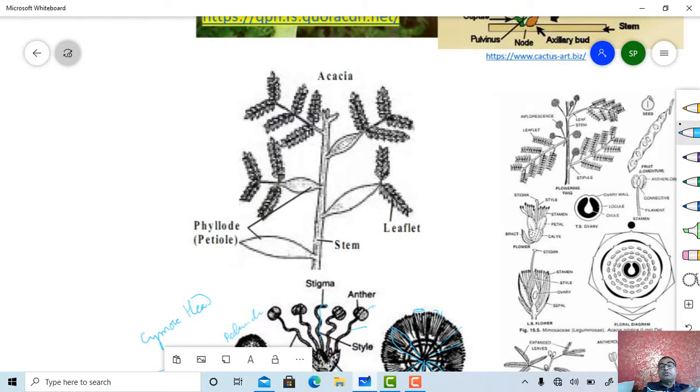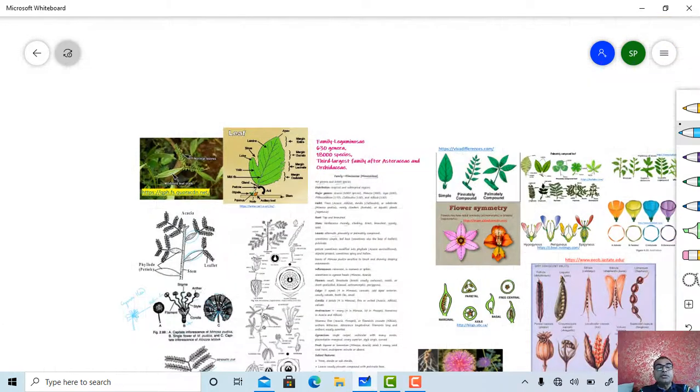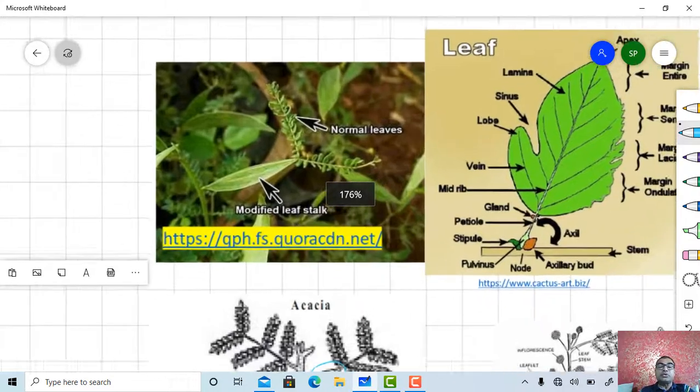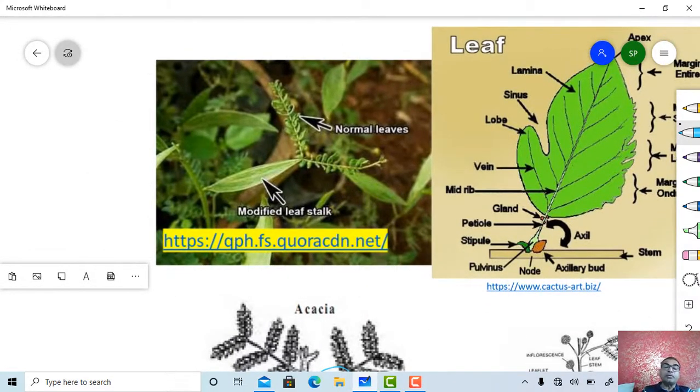One more term is present in the acacia plant, and that is called phyllodes. So this region is a region of phyllodes. This is a modified leaf stalk, and this modified leaf stalk is called phyllodes.